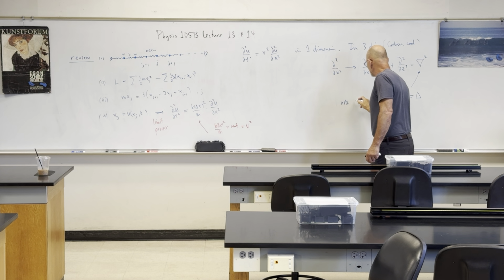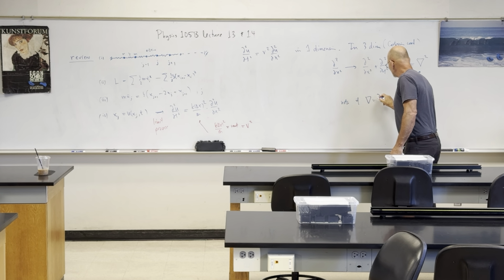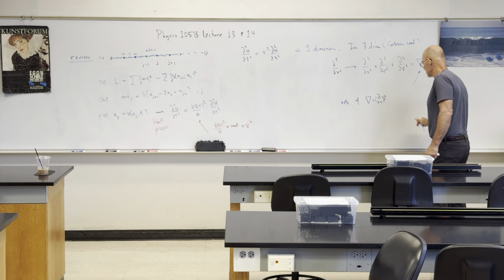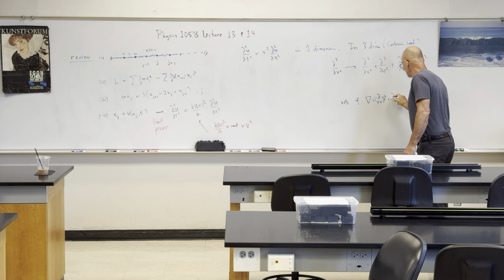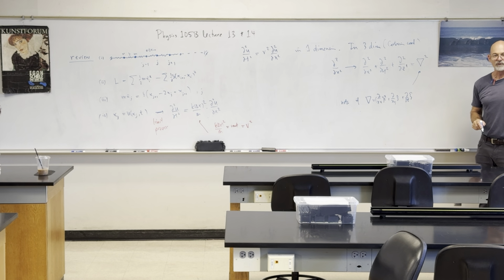If gradient equals d over dx i hat, I'll make some room here. Just wondering if you guys have seen these things before. Plus d over dz k hat. You guys seen this before as the gradient?